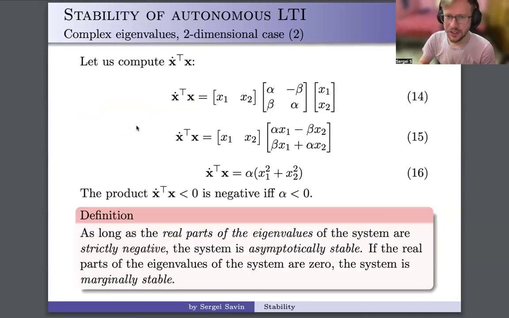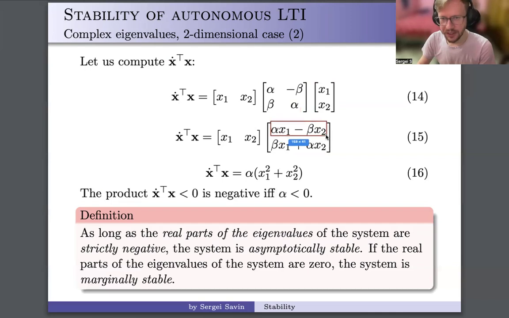Now, using this result, let us compute what this product actually is. The way we compute it is we just multiply this matrix by this vector. What we get is alpha times x1 minus beta times x2, and beta times x1 plus alpha times x2.